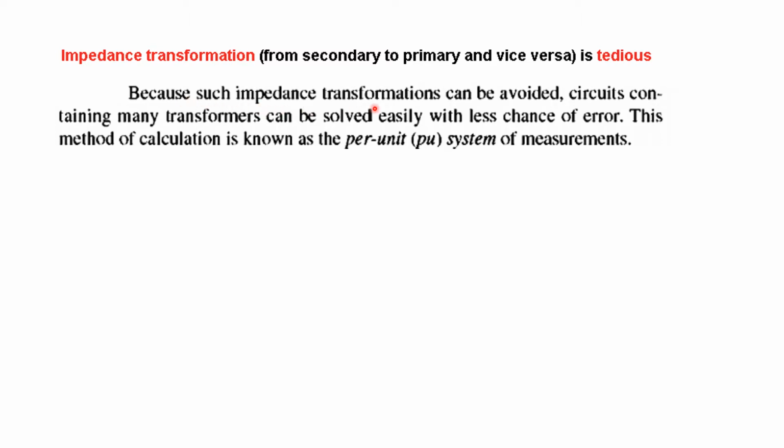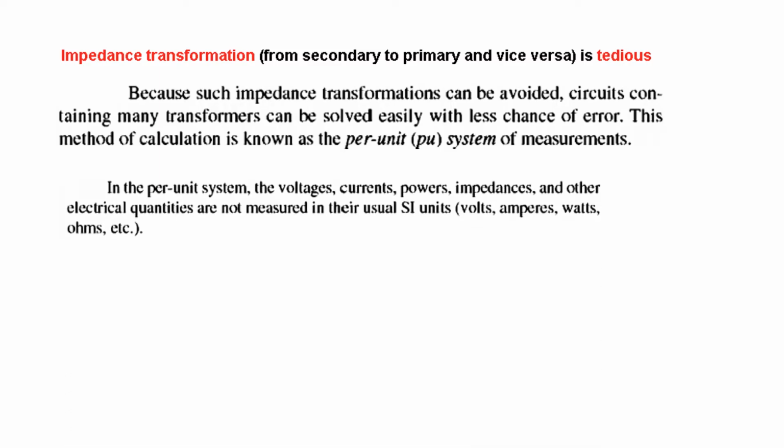Because such impedance transformation can be avoided, circuits containing many transformers can be solved easily with less chance of error. This method of calculation is known as per unit system of measurement. So we'll see what it is.